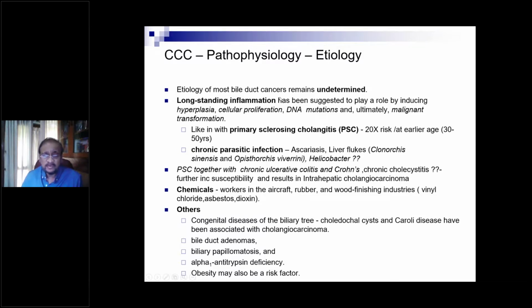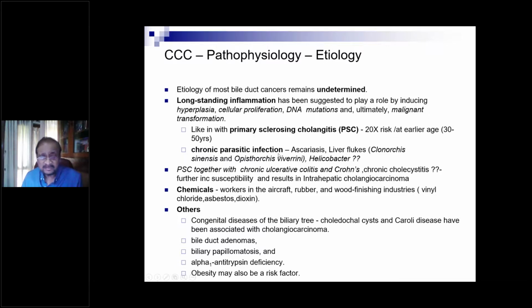Long-standing inflammation could be one of the causes, as we suggest it plays a role. And what does long-standing inflammation do? It induces hyperplasia of the biliary cells lining the duct. Then it leads to cellular proliferation, DNA mutations, and ultimately malignant transformation. Like primary sclerosing cholangitis, which is a pre-malignant condition with 20 times the risk, and at an early age, 30 to 50 years.